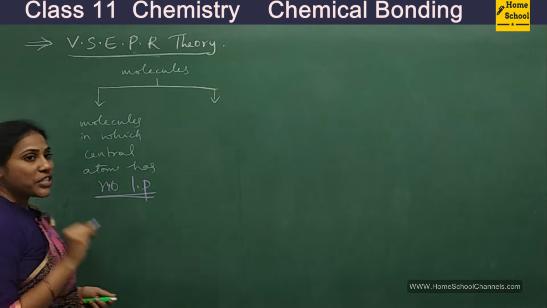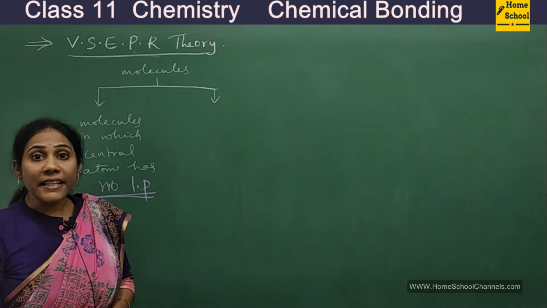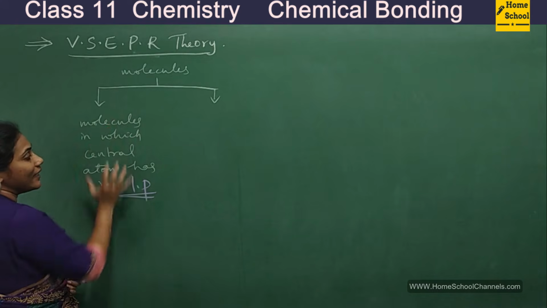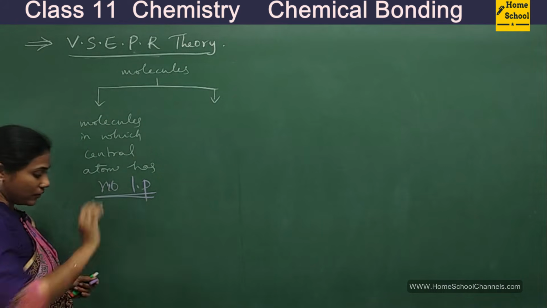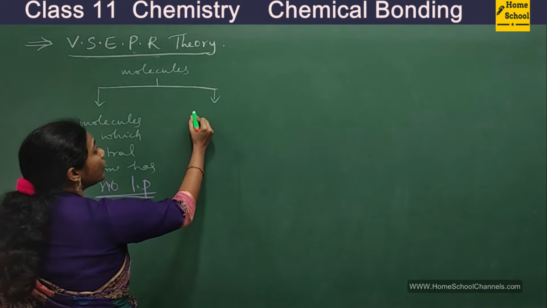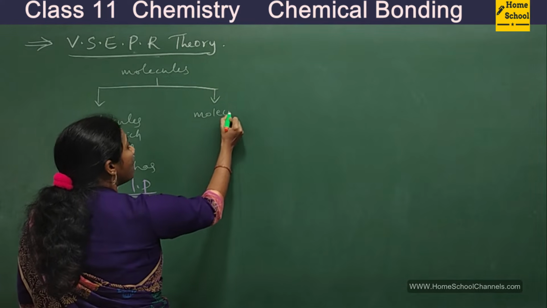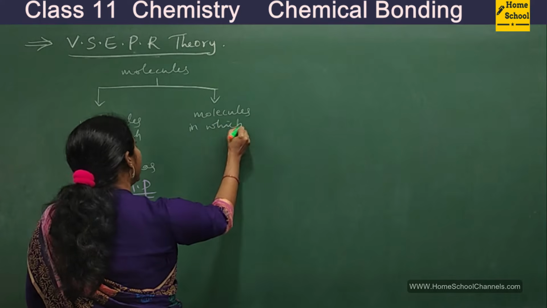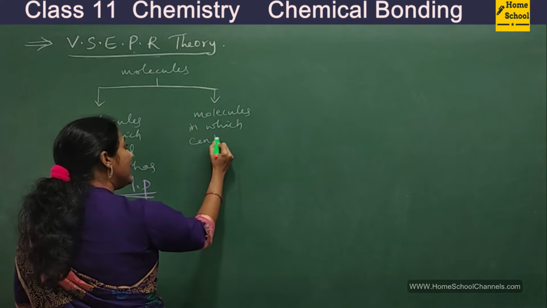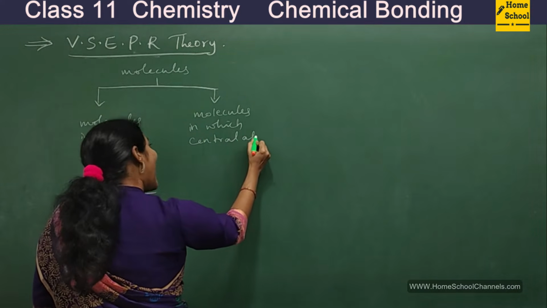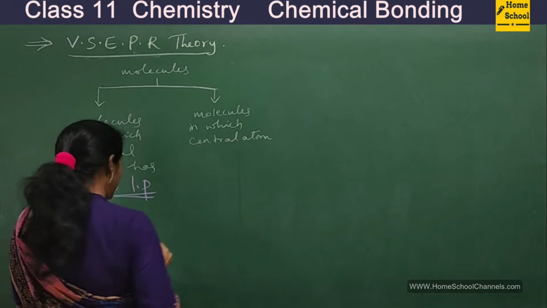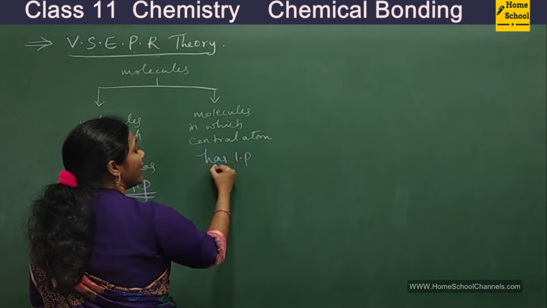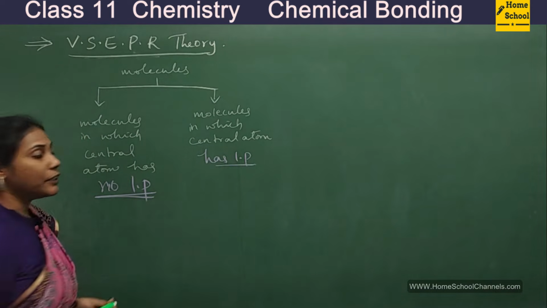So whichever molecules where the central atom does not have a lone pair are categorized as one group. And another group includes molecules in which, very, very important, the central atom has lone pair of electrons. So this is another group.